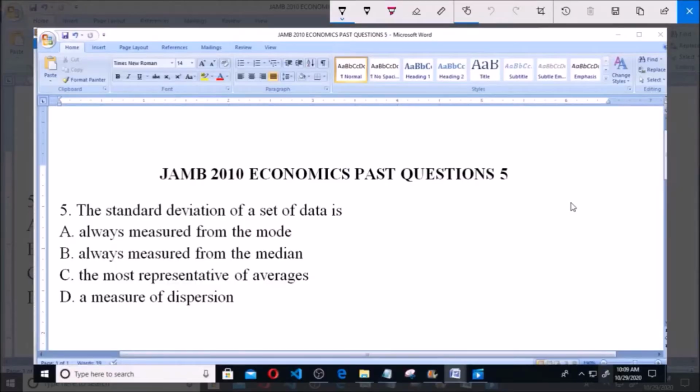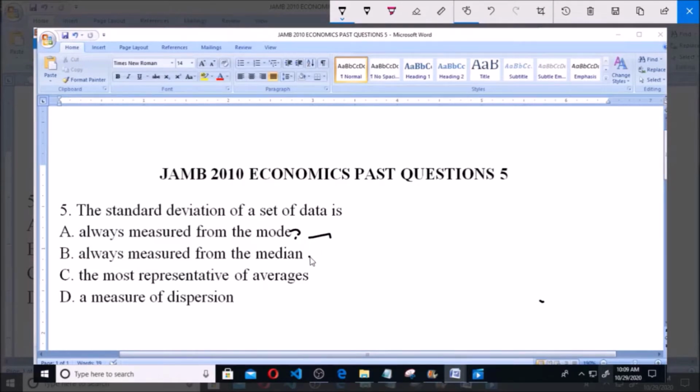Hello, JAMB 2010 Economics Past Question number 5. The standard deviation of a set of data is: A, always measured from the mode. The mode is not part of the standard deviation, because the mode looks at the most frequent occurrence in a series of values.